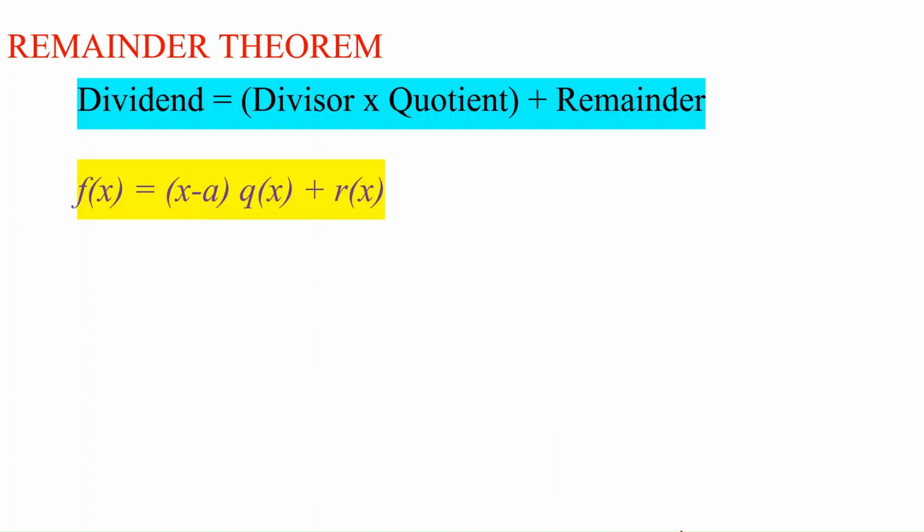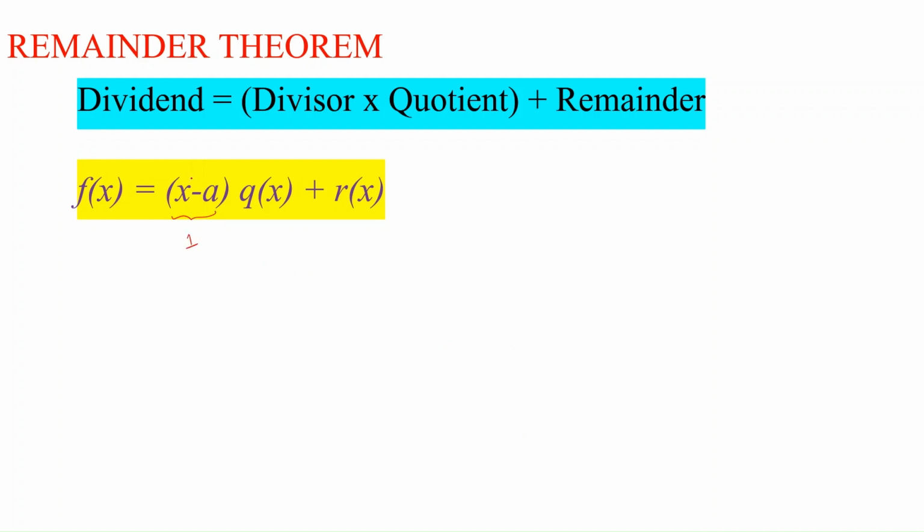While doing a division for algebraic expressions, the division has to be continued till a point where the remainder has a degree less than the degree of the divisor. In this case, x minus a is the divisor, and its degree is 1.